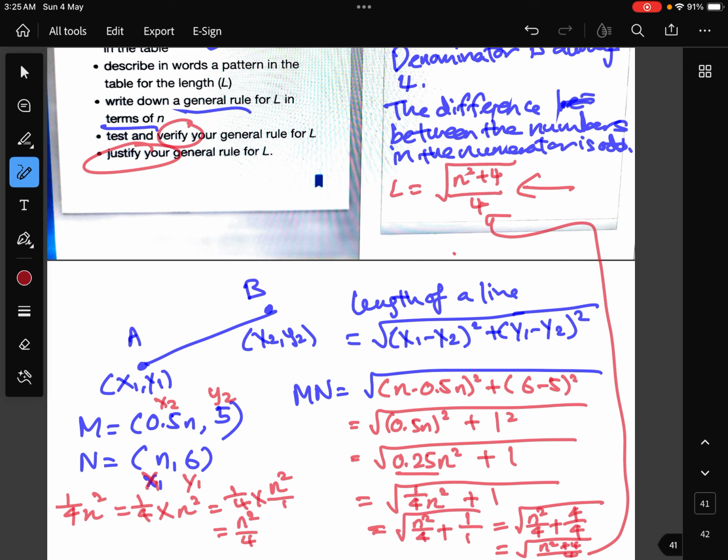Look at some of the other past papers. Generally they work very much the same. When it comes to testing, verifying, justifying, they all look very much the same. Sometimes they use quadratic sequences, sometimes they use linear sequences. So if you are confident in being able to find the general rule for quadratic sequences and for linear sequences, you should do very well for criterion B.